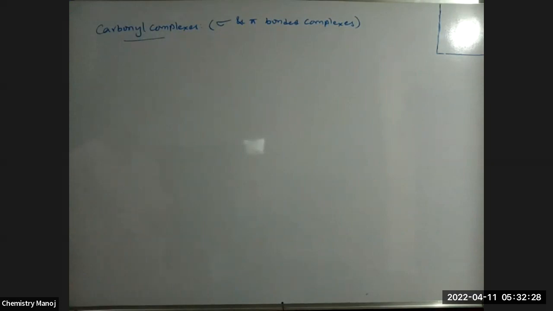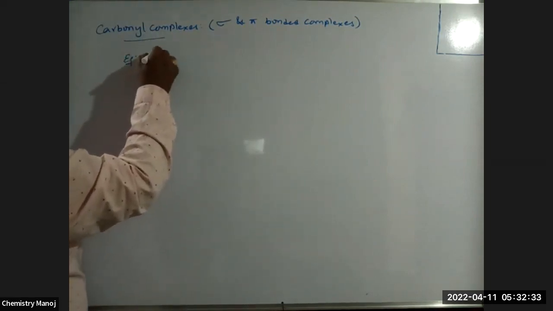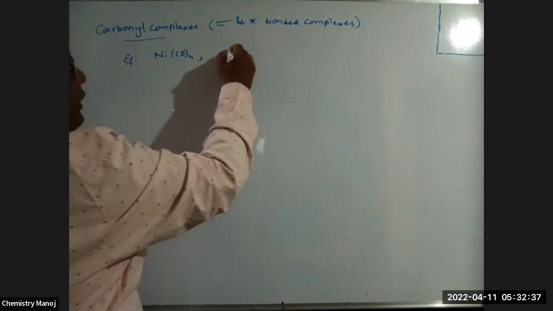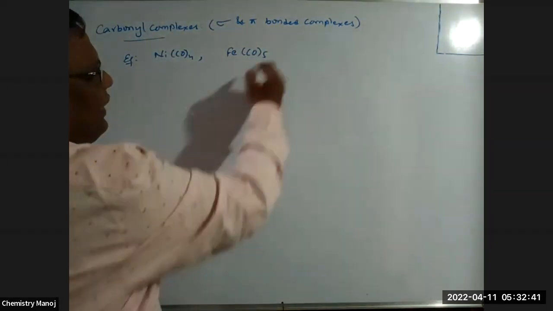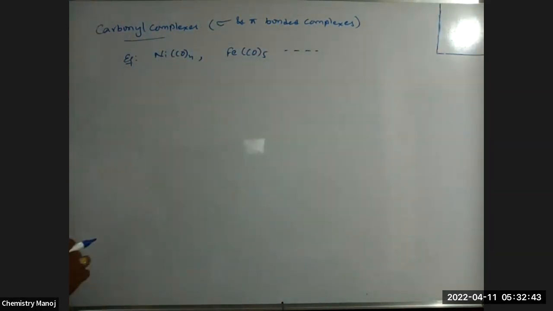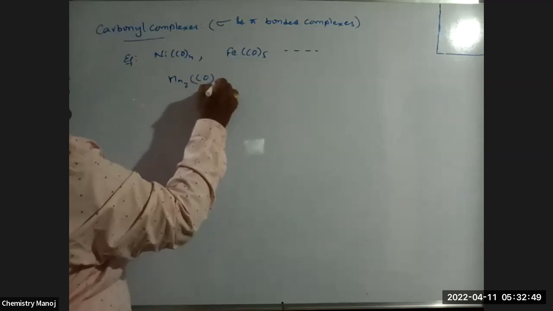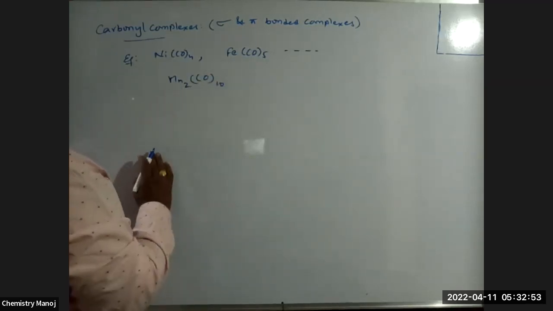Let us take examples: NiCO4, nickel tetracarbonyl, FeCO5, iron pentacarbonyl. Like this it goes on, my dear. A number of examples are available. Mn2CO10 is also available.